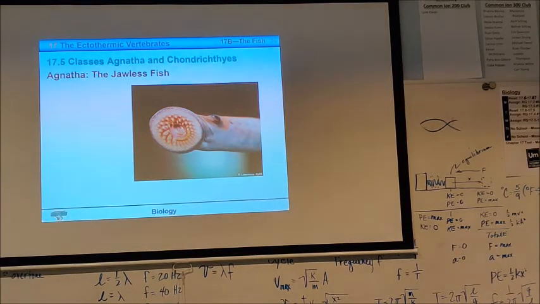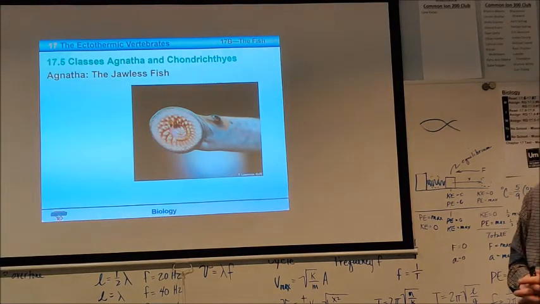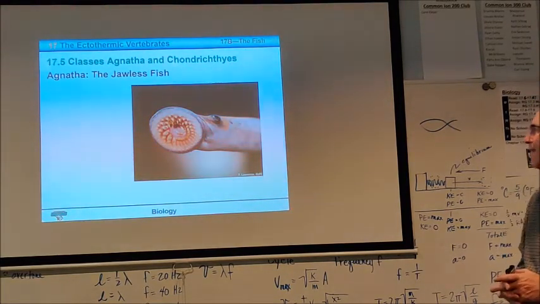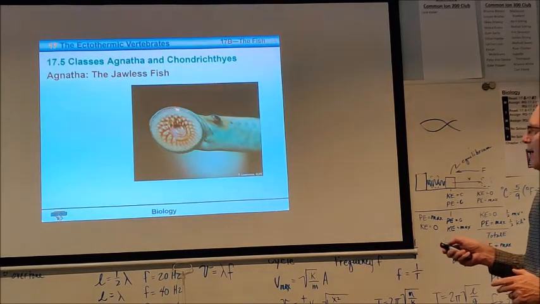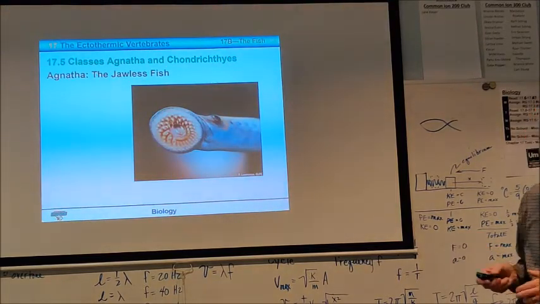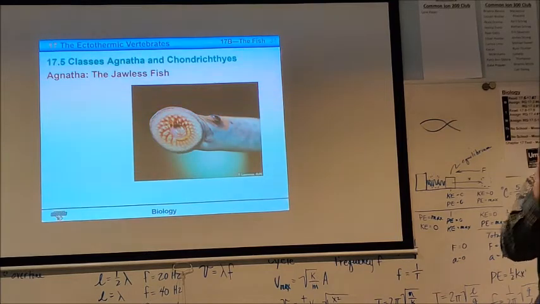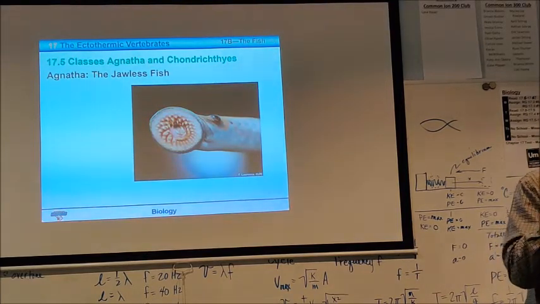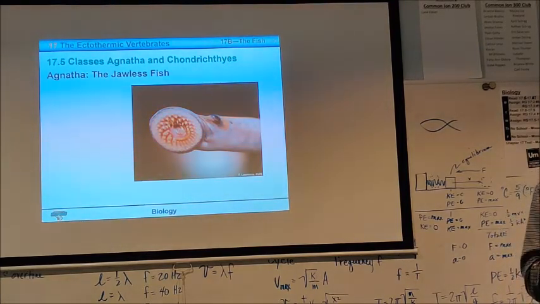Then we have the agnatha. They're kind of like a class all by themselves. They are, I think, rather ugly-looking creatures, but they're still God's creation nonetheless. As you can see, it has an eye, but they're jawless. In other words, they don't catch their prey. They don't swallow their prey in the classic sense.